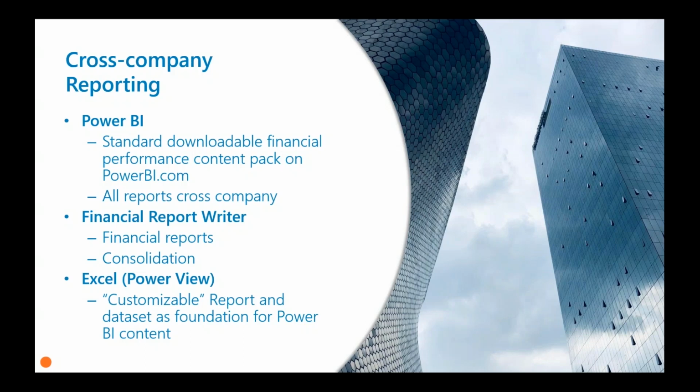And Power BI is the new product you probably have heard a lot recently, which delivers business intelligence and analysis capabilities to F&O. So both of these, and Excel, which is the Excel integration for reporting, all allow for cross-company reporting, again, something which was difficult in the previous versions of Dynamics, and which is now fully available in standard.